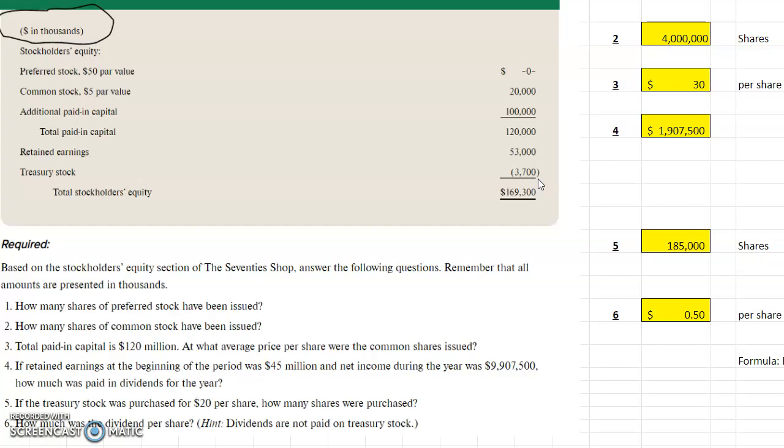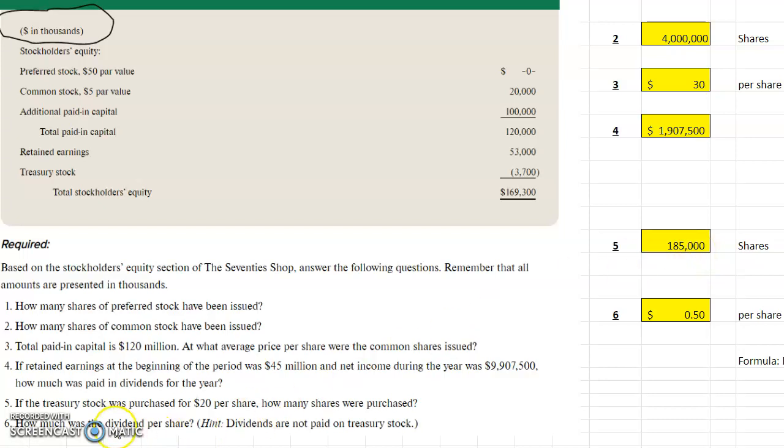Treasury stock is a normal debit balance. But since we don't show debits and credits on the financial statements, this is shown as a negative amount. So treasury stock, $3,700, $20 per share, 185,000 shares.